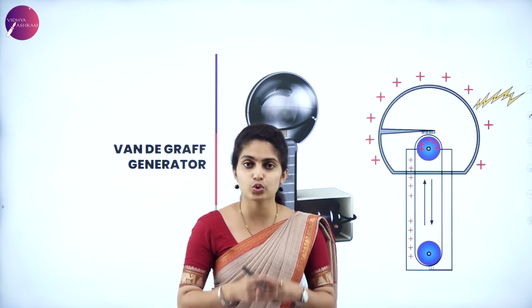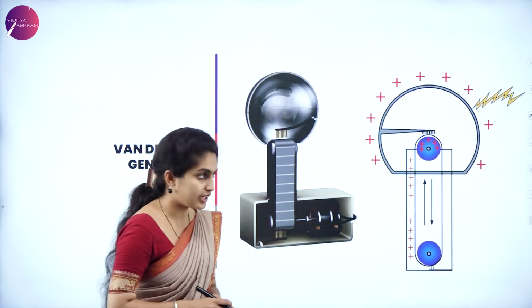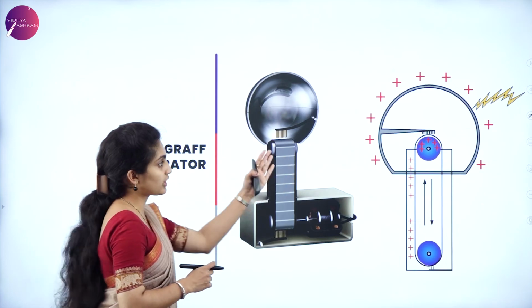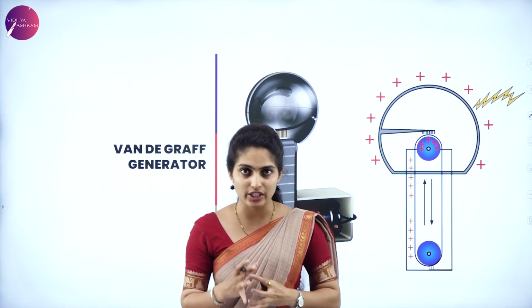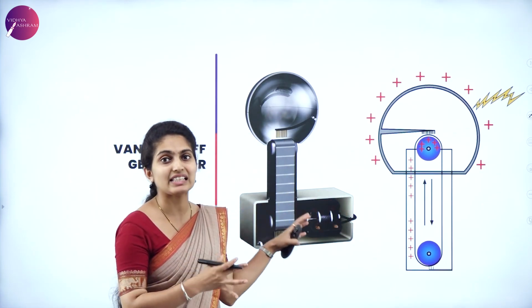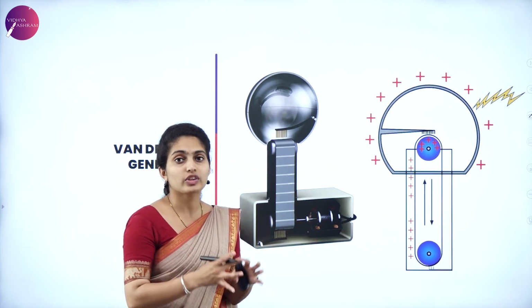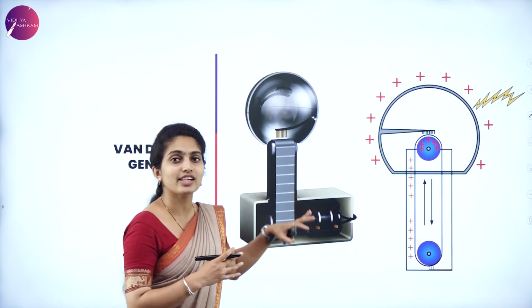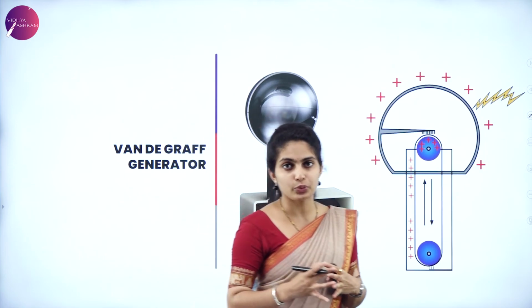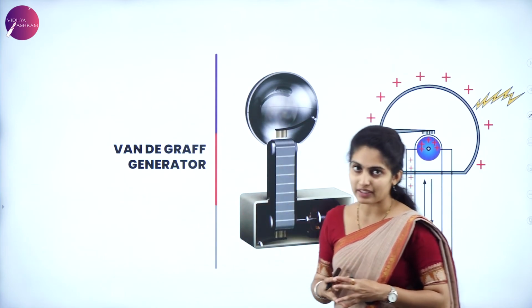Now moving on to the Van de Graaff generator. This image gives you the Van de Graaff generator setup, and it is very easy to explain. This is an instrument which is used to accelerate charged particles.